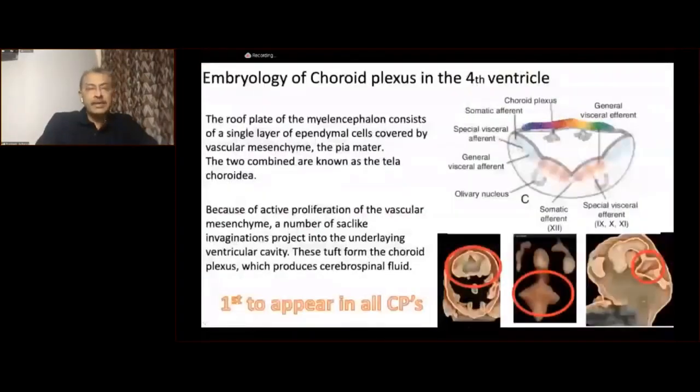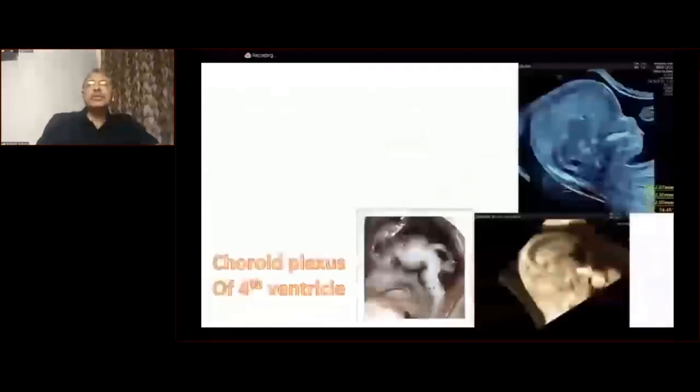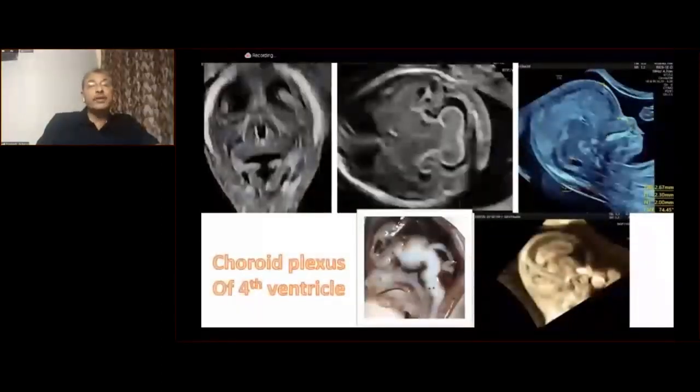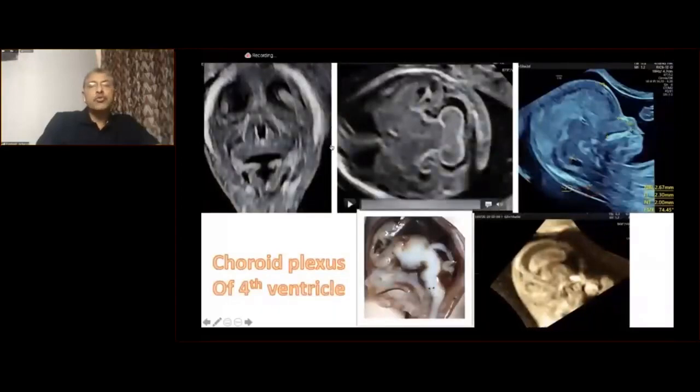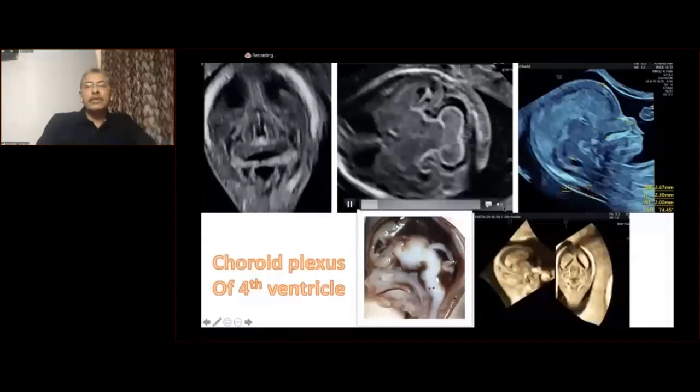Now, the choroid plexus, as I told you, is going to be right from the roof. That's the first choroid plexus that appears in the brain, before the third and the lateral ventricle. And absence of the fourth ventricle, or the malposition of the fourth ventricle, is also associated with many posterior fossa defects. That's a possibility, and that is what we will have to keep in mind.